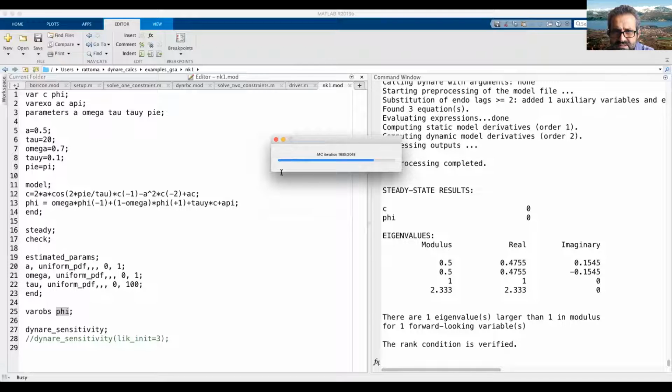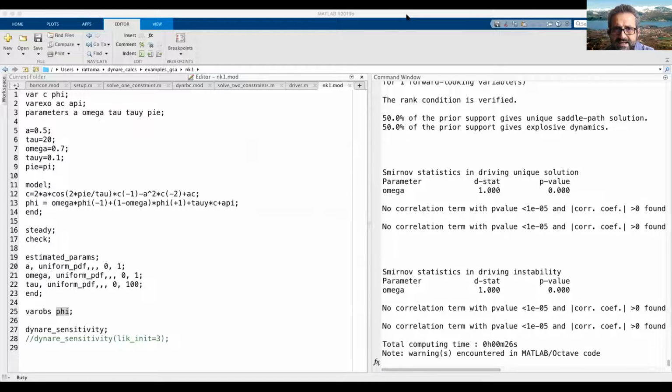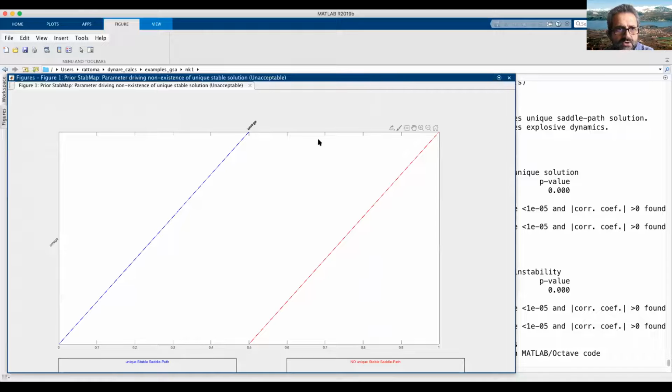There is a bar that progresses, and I fear that you don't see figures, right? So then let me dock them. Can someone confirm that you don't see the figures? No, we don't see them. Okay, thank you. Now you see them?